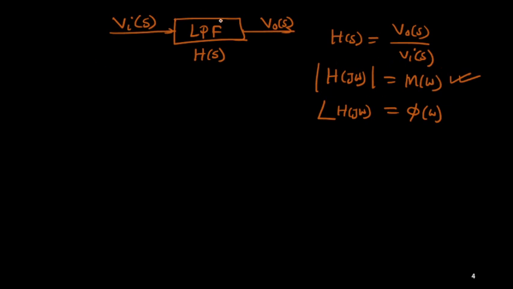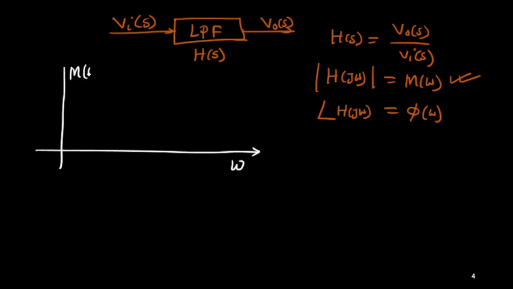So how will we define this low pass filter? The ideal low pass filter is defined this way. This is the frequency response: the x-axis is omega, and this axis is the magnitude M of omega, which is nothing but mod of H of j omega.